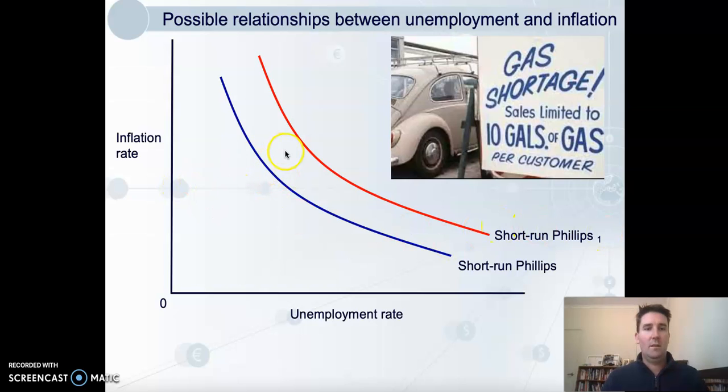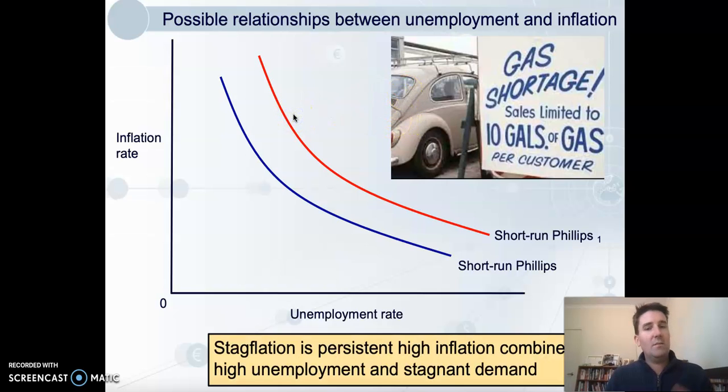Essentially, as inflation increased from here to here, the unemployment rate increased from here to here, and that happened at every point. This led to what's called stagflation: persistent high inflation combined with high unemployment and stagnant demand in the economy.